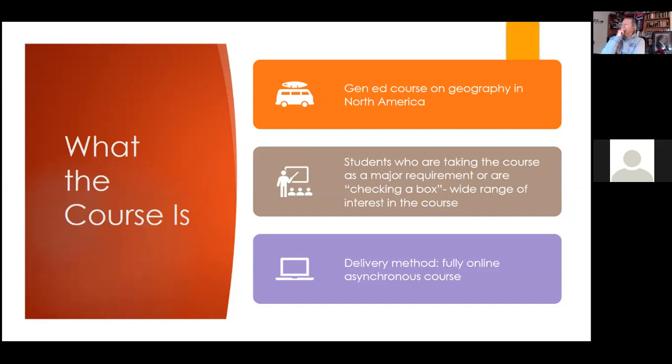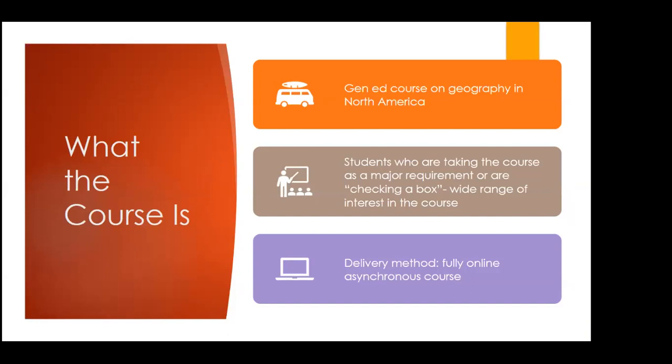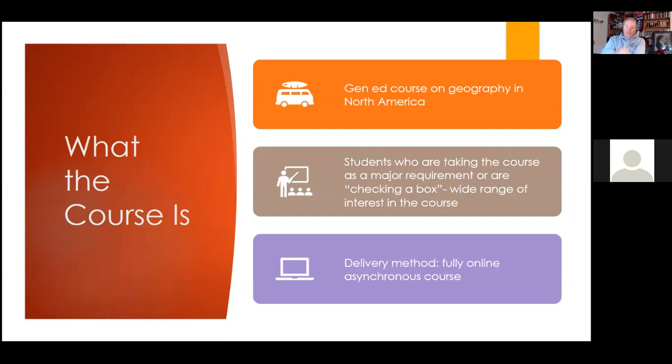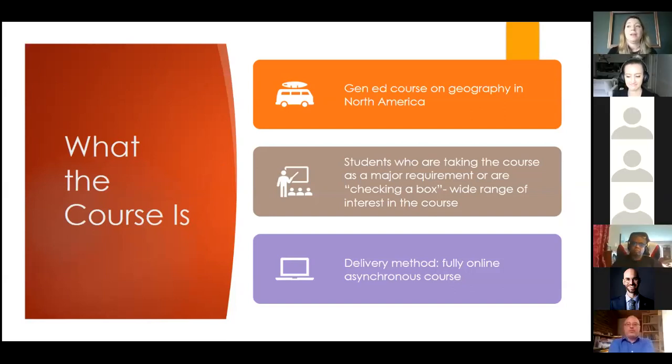It is a gen ed course on the geography of North America. Because it is a gen ed course, the majority of the students who are taking it didn't really want to be there. Most of them were taking it to, quote, check a box and get some sort of requirement for their university degree or for their education.